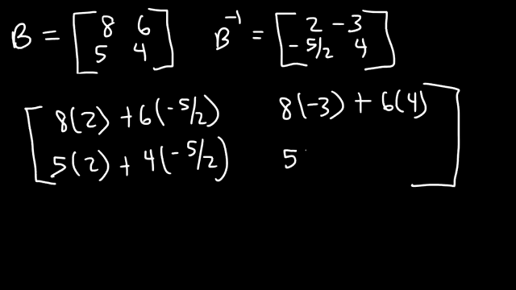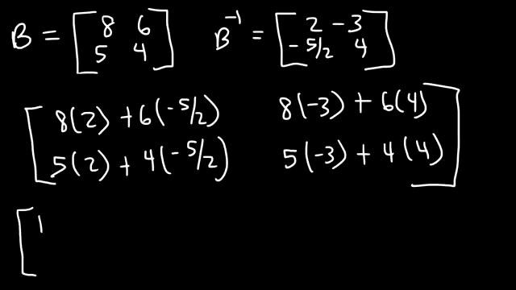So it's going to be 5 times negative 3 plus 4 times 4. Now 8 times 2 is 16. What's 6 times negative 5 over 2? 6 divided by 2 is 3. 3 times negative 5 is negative 15.